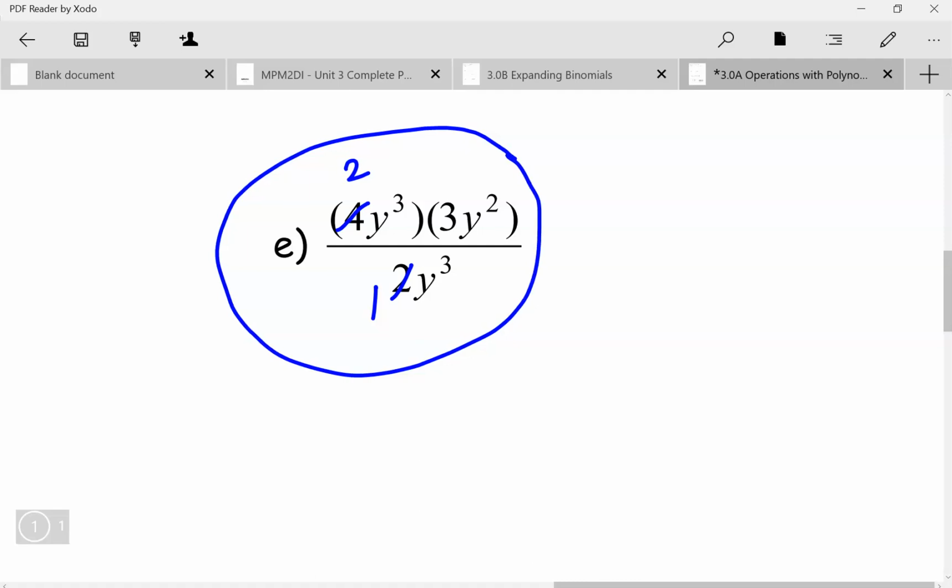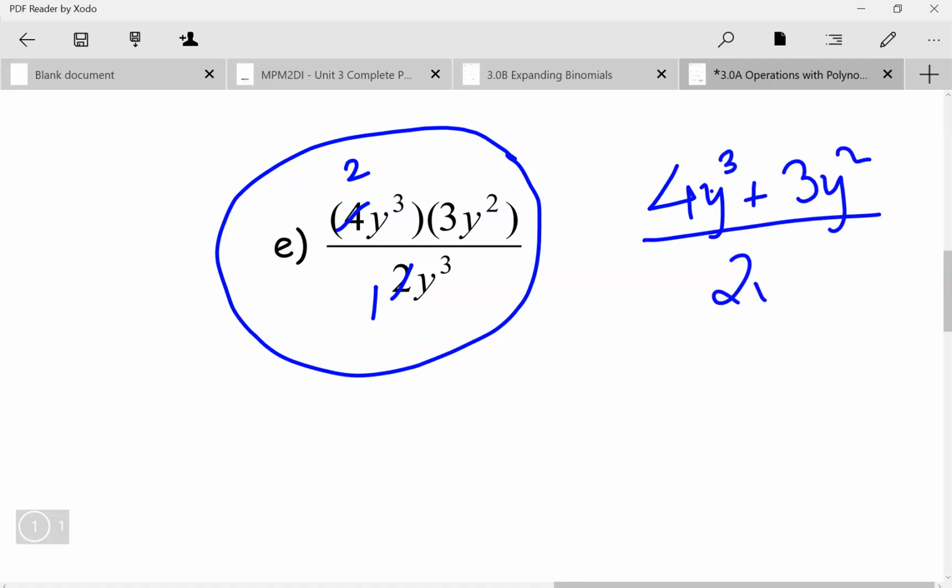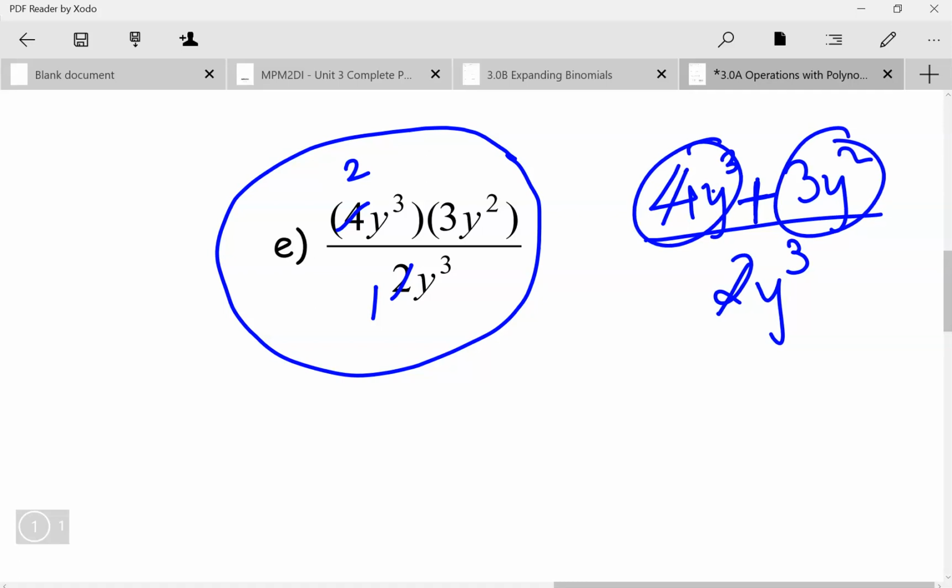So we can cross cancel within a term, but not if there are two terms in the numerator. For example, if this was 4y cubed plus 3y squared divided by 2y cubed, we would not be able to cross cancel the 4 and the 2 because there's two different terms in the numerator. So just key there, don't do that. But that doesn't apply to this question because it's only one term, so we can cross cancel.